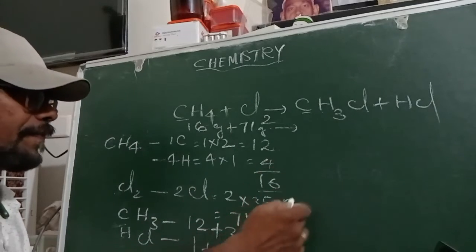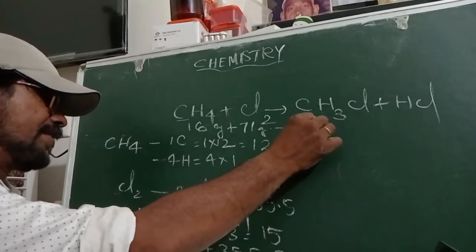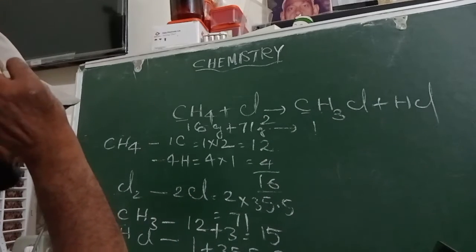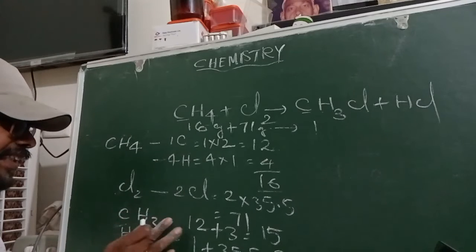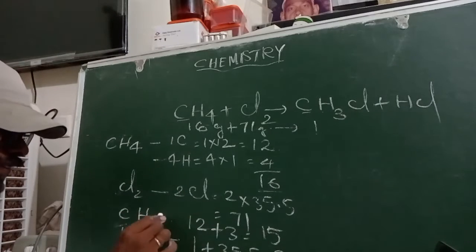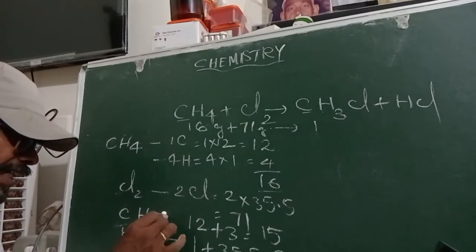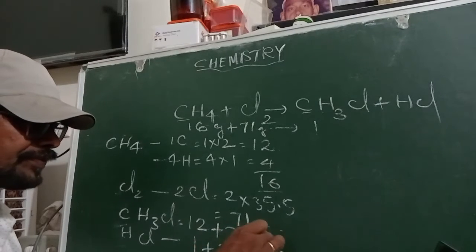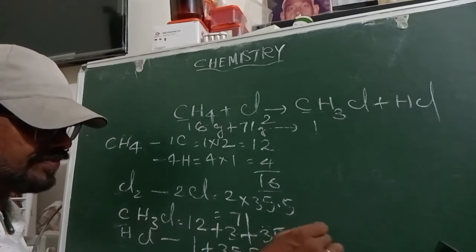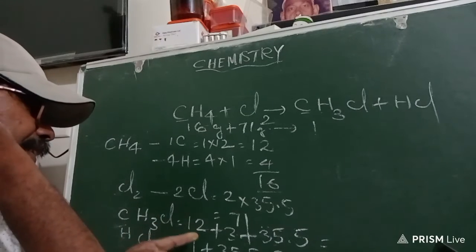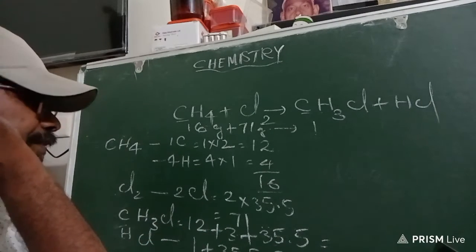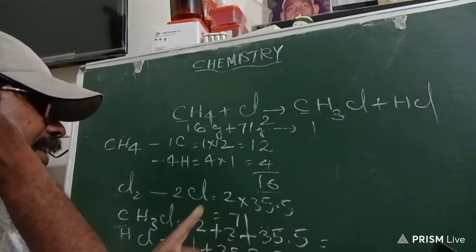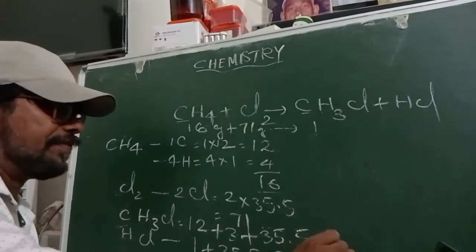So this is balanced. What is this one? 15, CH3Cl, and here one Cl is also there. Now CH3 is 15 and another Cl, that is 15 plus 35.5, which becomes 50.5. Understand?